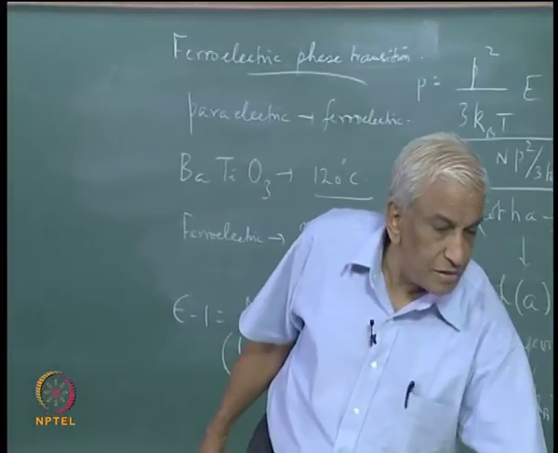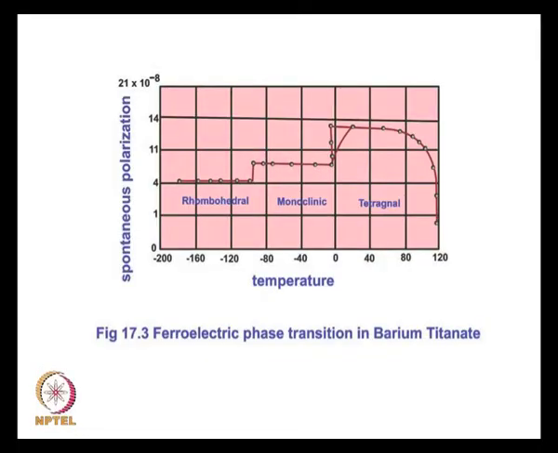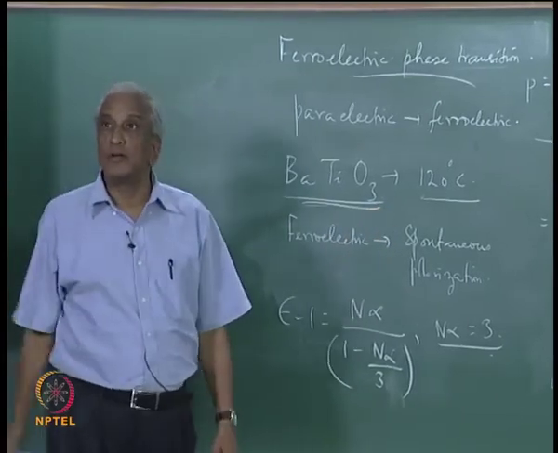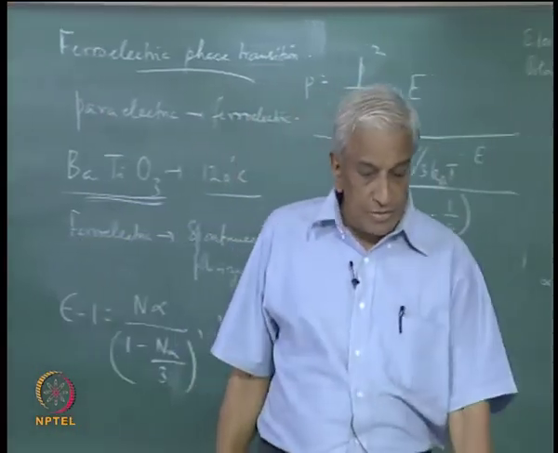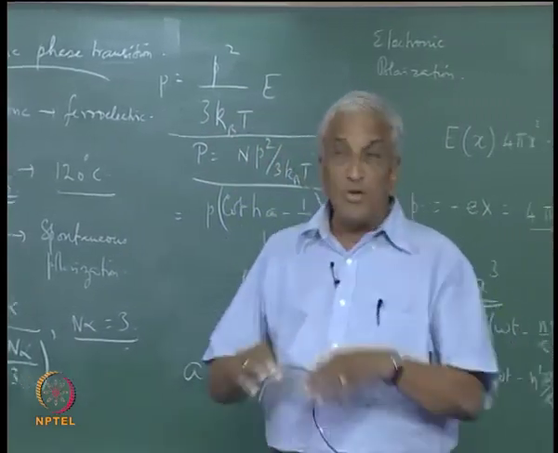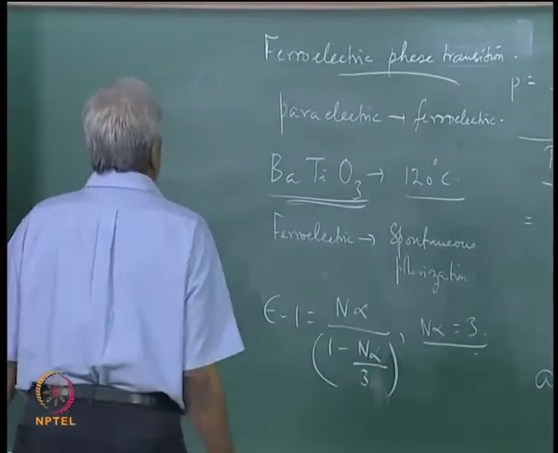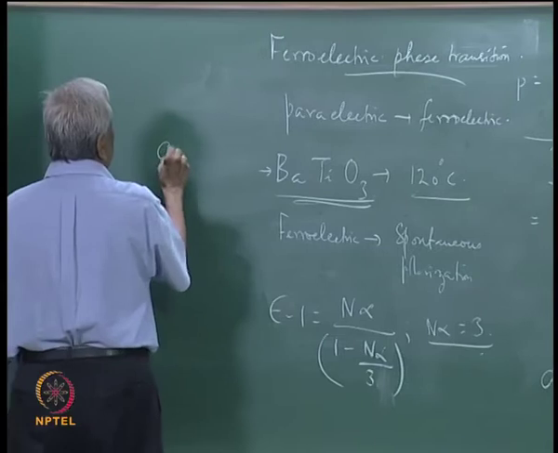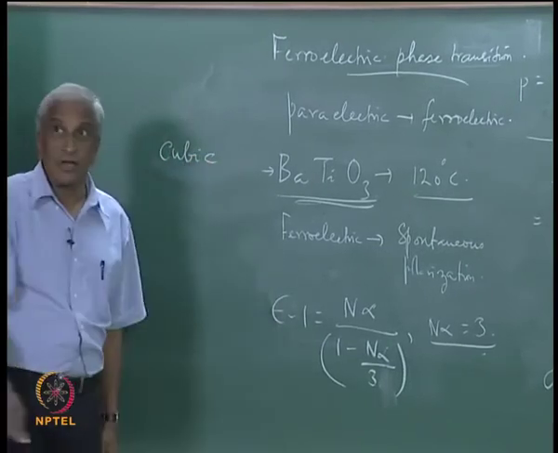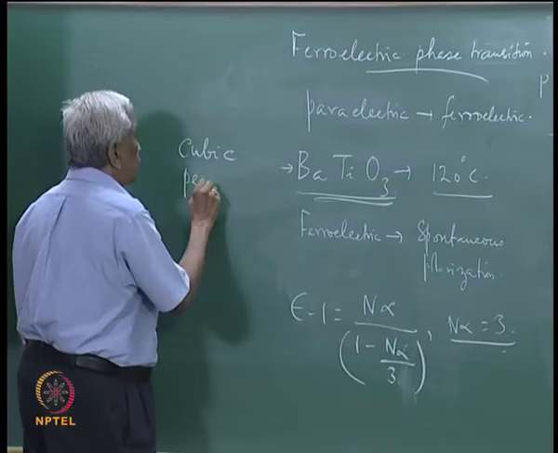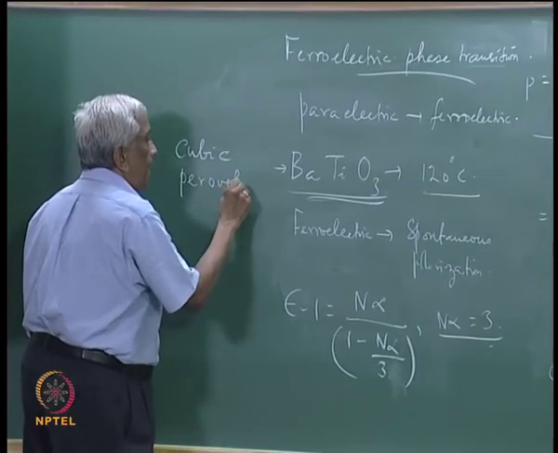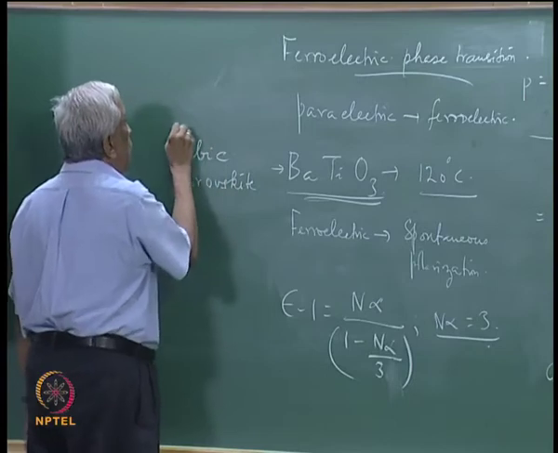So, this behavior is illustrated in the next picture, where the ferroelectric phase transition is shown in barium titanate at 120 Celsius. So, there is a polarization catastrophe. Above the transition temperature of 120 degrees Celsius, barium titanate exists in the cubic phase. The structure is a cubic structure which is known as the perovskite structure.